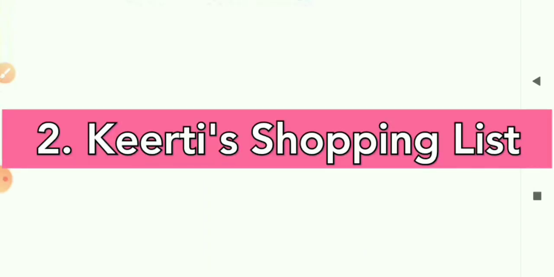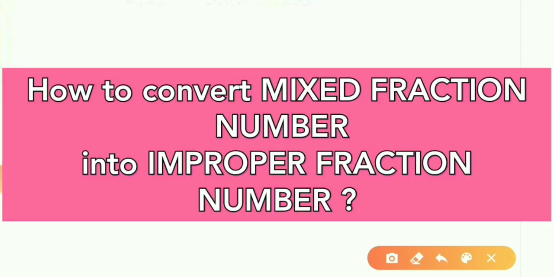Now come to the next topic, which is Kirti's shopping list. But before going to Kirti's shopping list, you have to know how to convert a mixed fraction into an improper fraction. Let me clear this once again. I am taking here the mixed fraction 2 whole 6 upon 8. We have to convert this mixed fraction into an improper fraction.